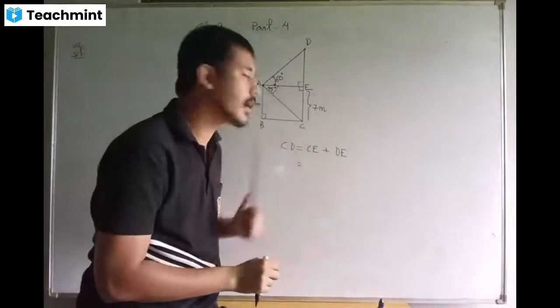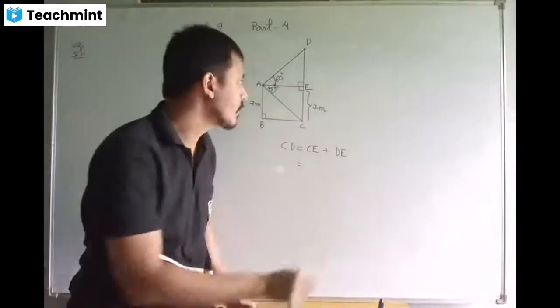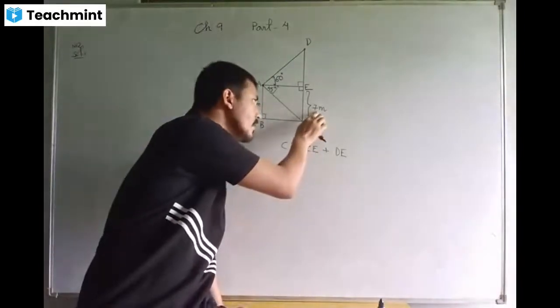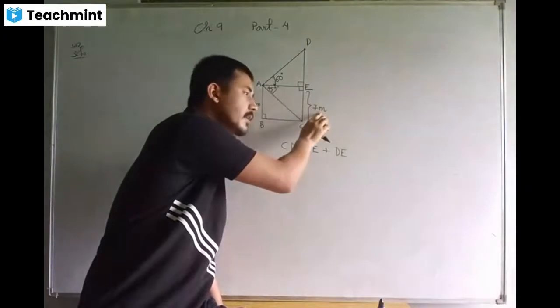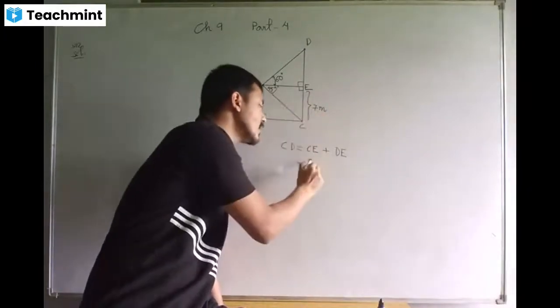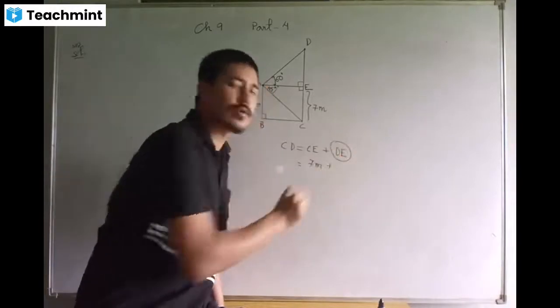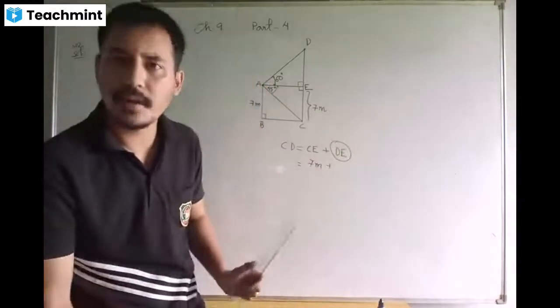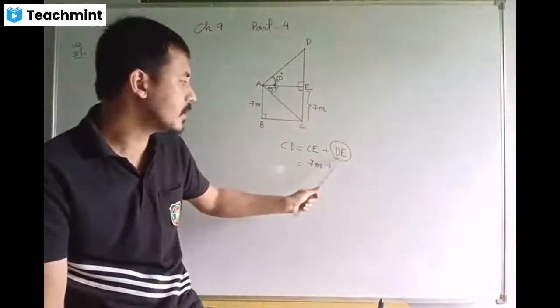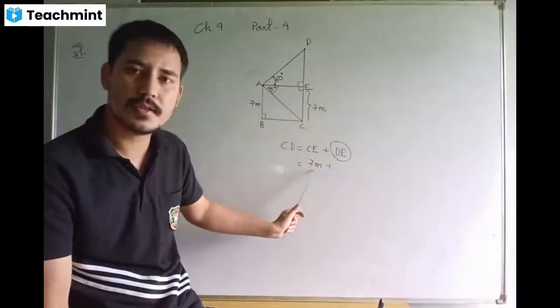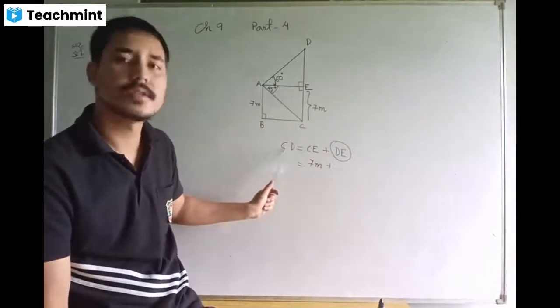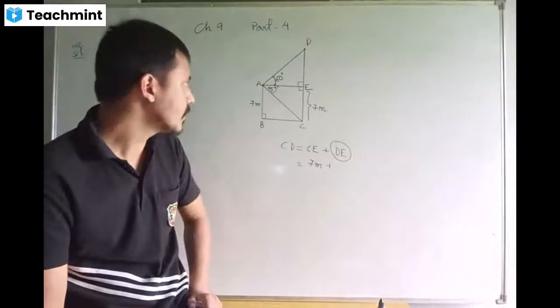That gives you the height of the tower CD. Already from the opposite sides of the rectangle, we have obtained CE as 7 meters. So our aim is to obtain only DE now. Once you obtain DE, you add it to 7 meters, and that will give you CD.